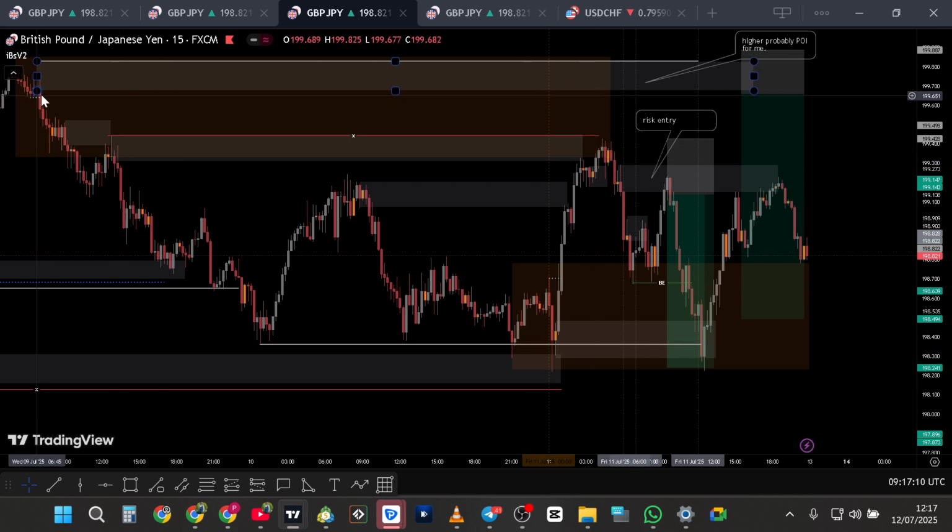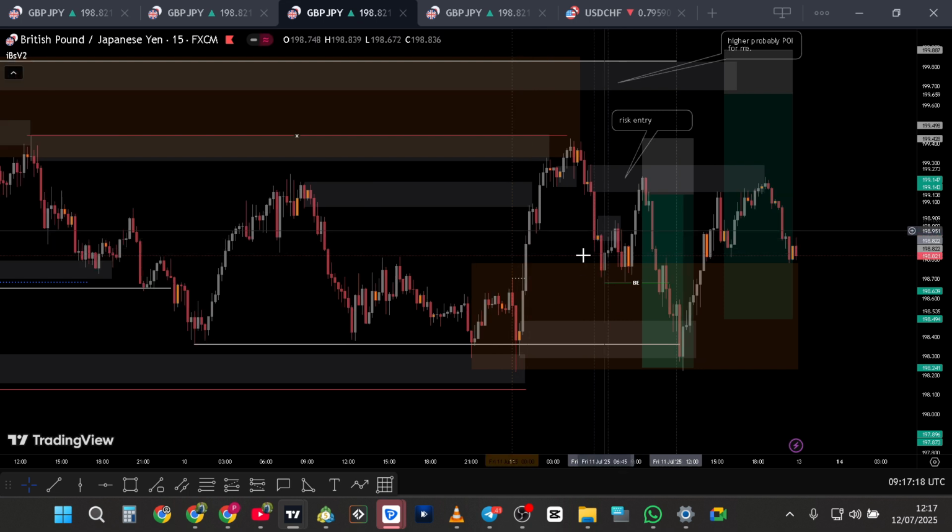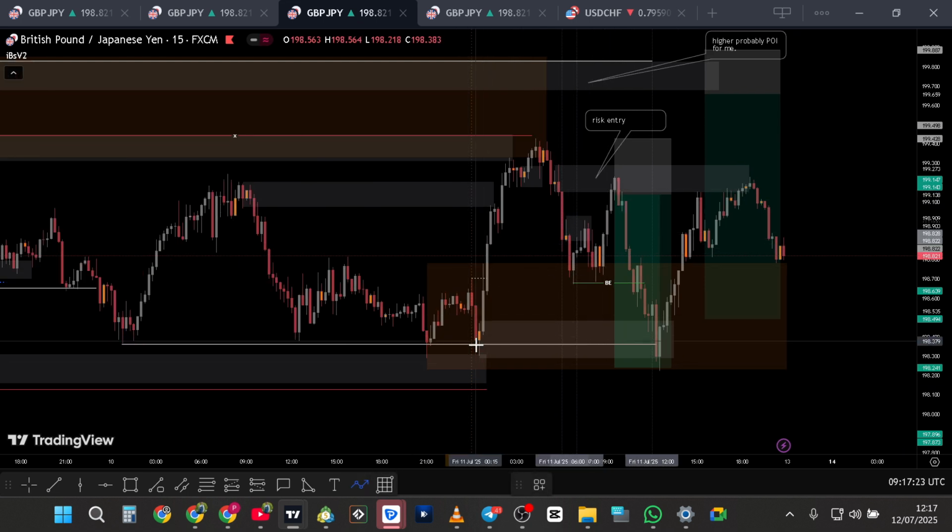After this change of character, which was my high, you can see evidently that price didn't come back there. When Friday came, I was expecting to at least get a reaction, or rather take a trade, because we had a reaction here, a reaction there, and then a few touches on that demand before we continued to the downside.